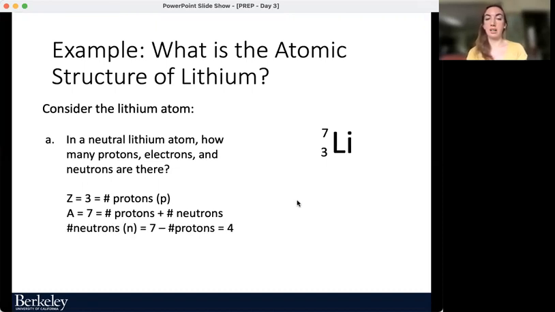So if there are 3 protons and 7 total protons and neutrons, then there must be 4 neutrons, because 3 plus 4 is 7. And like we talked about, the number of electrons equals the number of protons, which equals 3. So there are 3 protons, 4 neutrons, and 3 electrons.